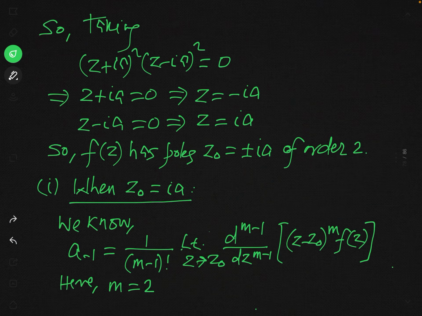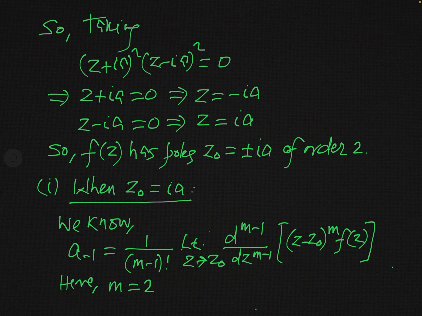And as you know, whenever we have to find the singular points or the poles of this function f of z, we simply equate the denominator to 0. So taking (z plus ia) squared into (z minus ia) squared equal to 0, we can see that there will be two solutions of this equation.